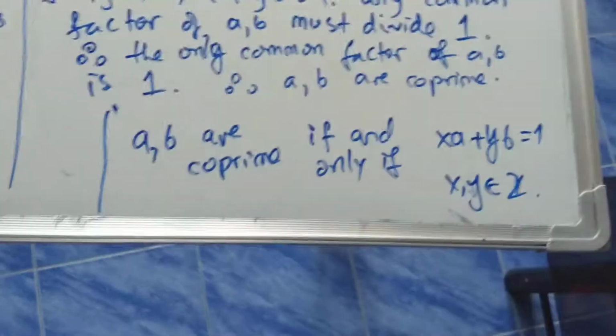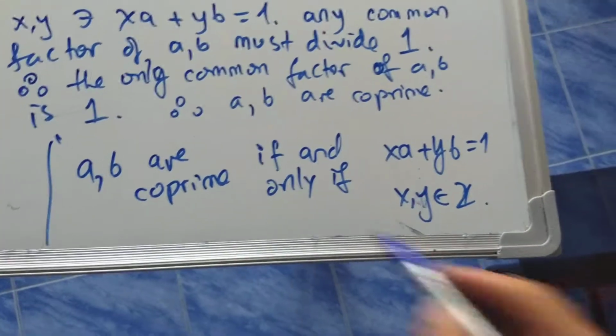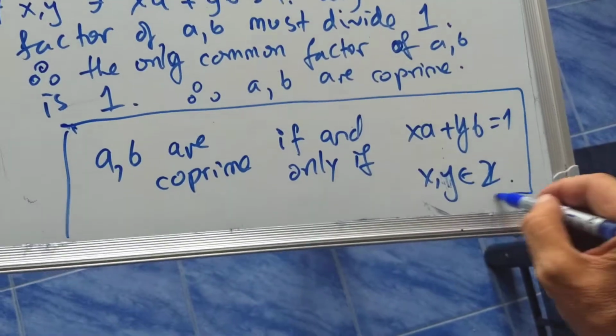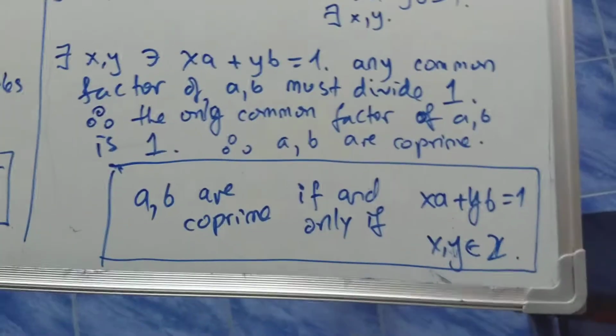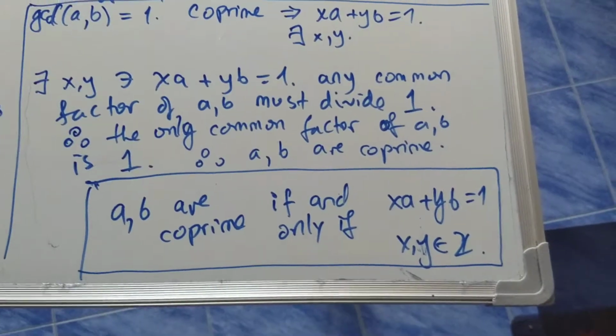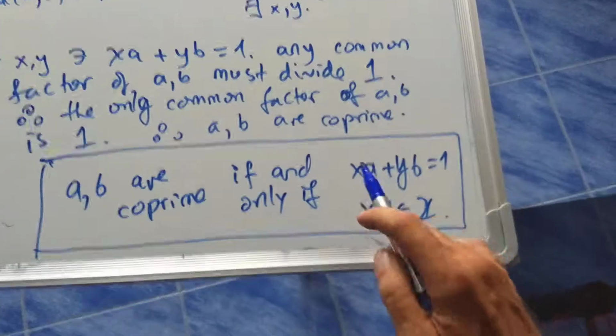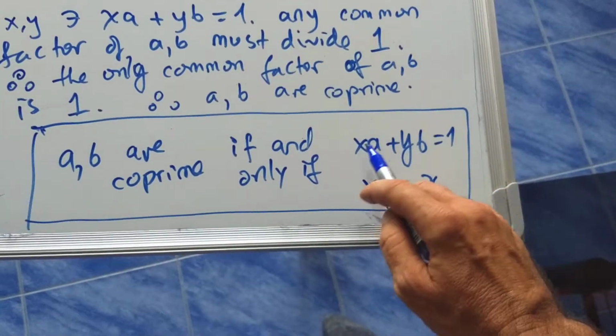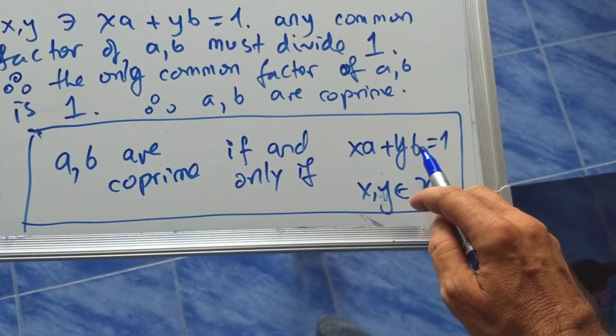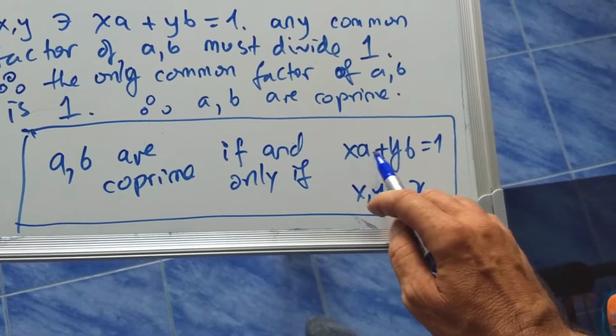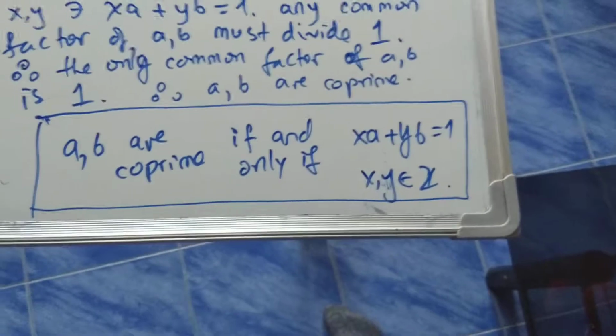This is the main thing I'm getting at. This is very cool. A and B are coprime if and only if there exist two numbers x, y such that xa plus yb gives me 1.